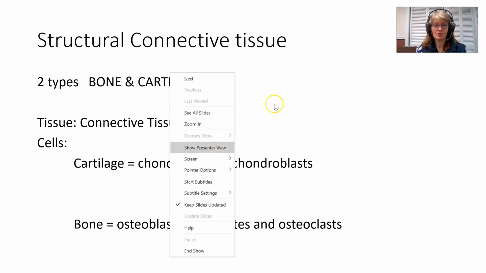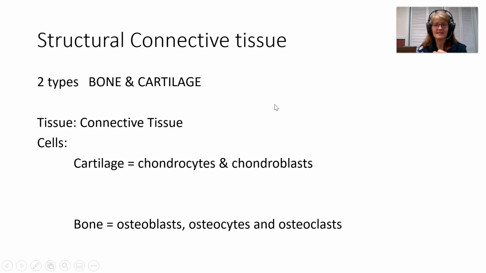Okay, so chondrocytes, cartilage. Osteocytes, bone. Osteoblast, osteocyte, osteoclast. These are building bones if they're osteoblasts. They're maintaining bones if they're osteocytes.